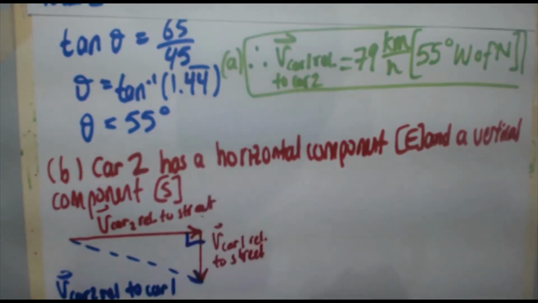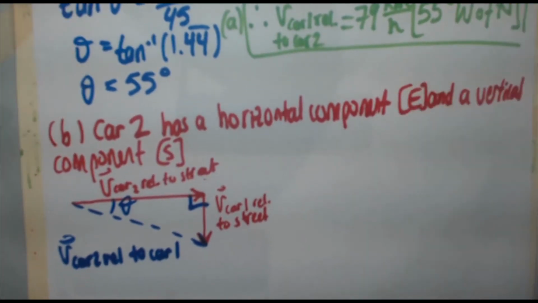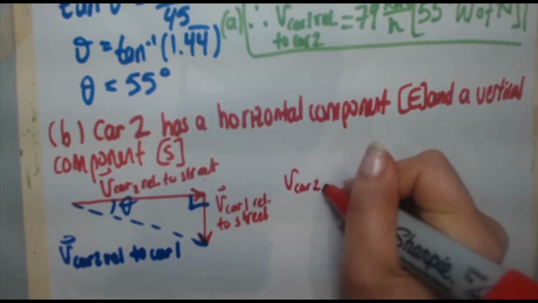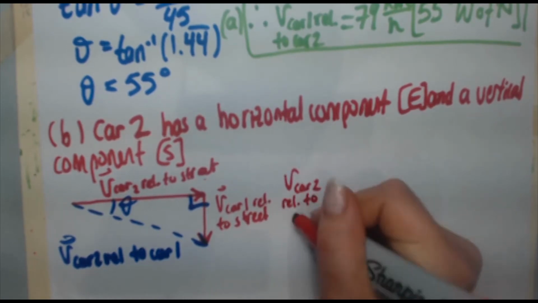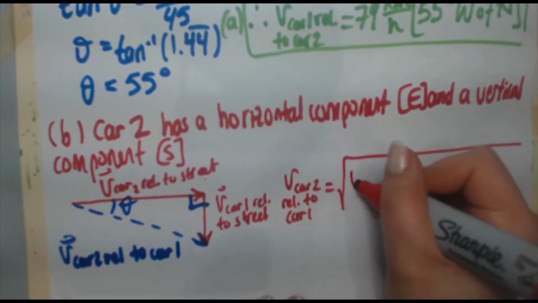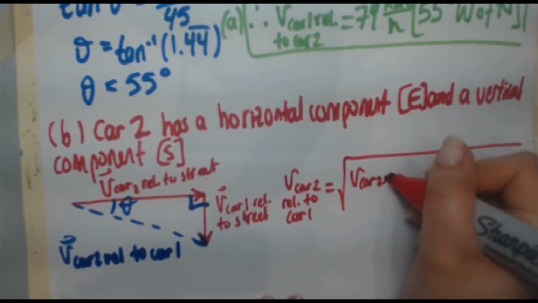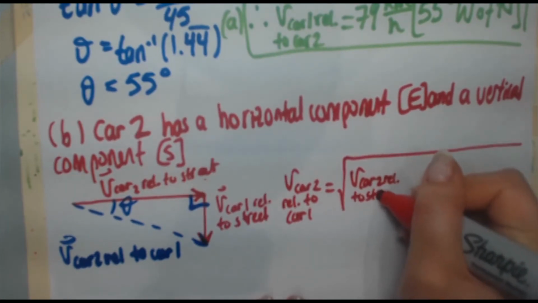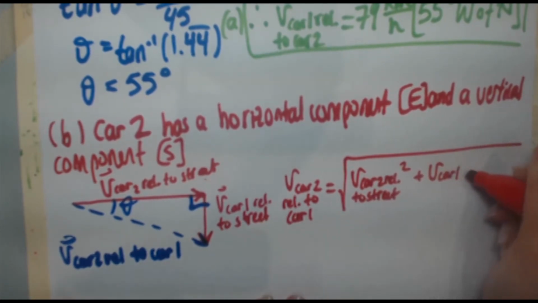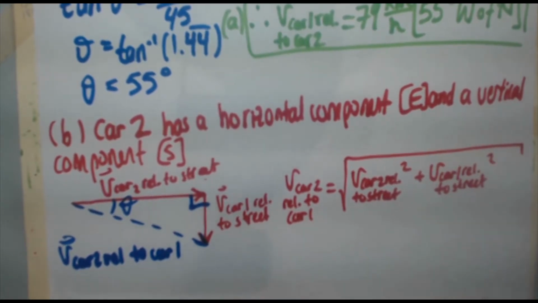Okay, and again, these two meet at right angles. We've got our angle theta here. So it becomes a very similar problem to part A. Okay, so let's solve this. Pythagorean theorem, velocity car 2 relative to car 1 is equal to the square root of the sum of the squares of velocity car 2 relative to street squared plus the velocity of car 1 relative to the street squared.